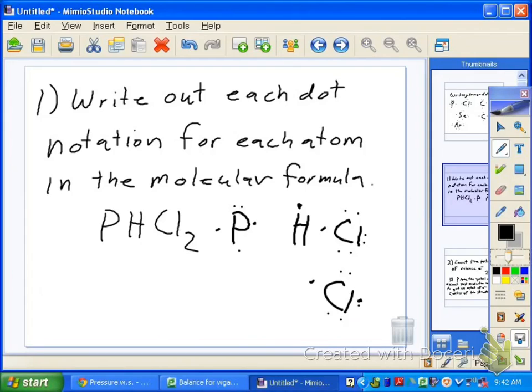So it'll be phosphorus. Phosphorus has to go in the middle because it needs 3 electrons to get 8. Chlorine needs 1 each. You'll find out that chlorine, fluorine, and that halogen group that needs 1 will never be in the middle. Only phosphorus in this example will be in the middle because it needs 3 electrons to get a total of 8.